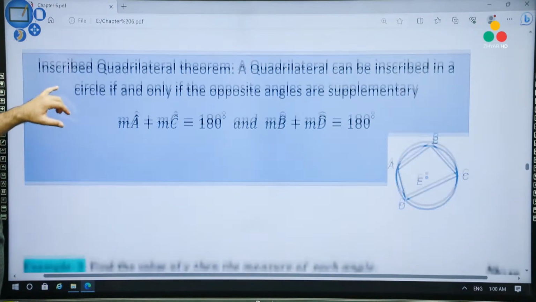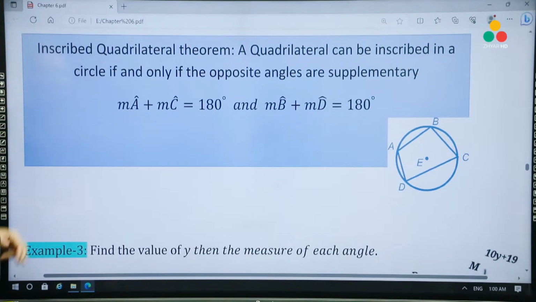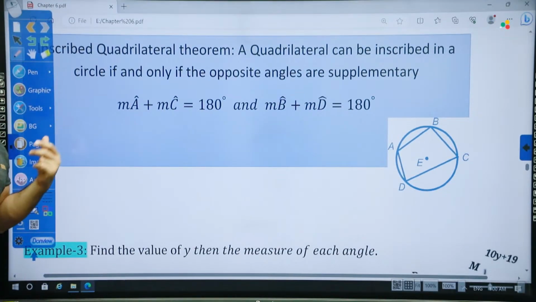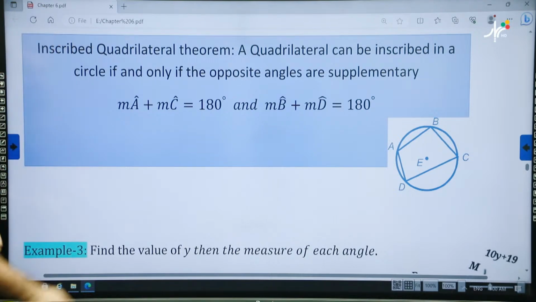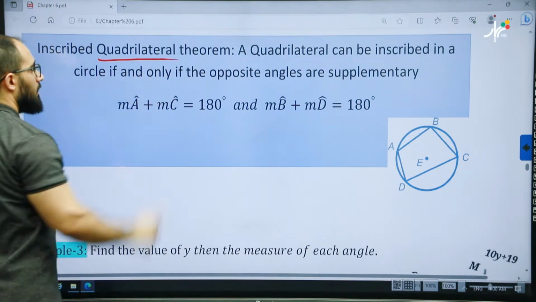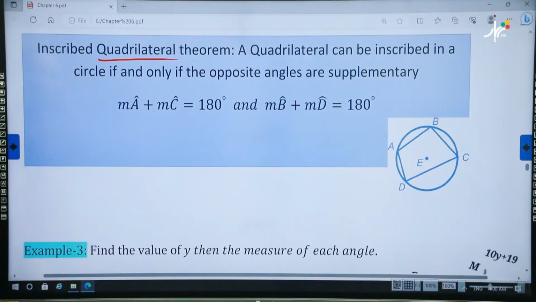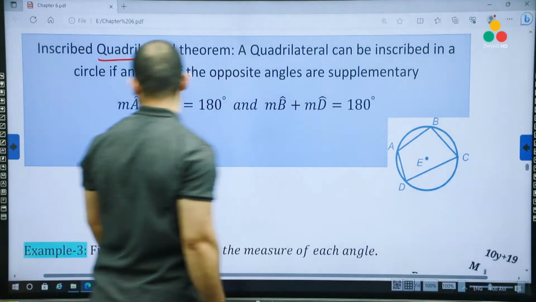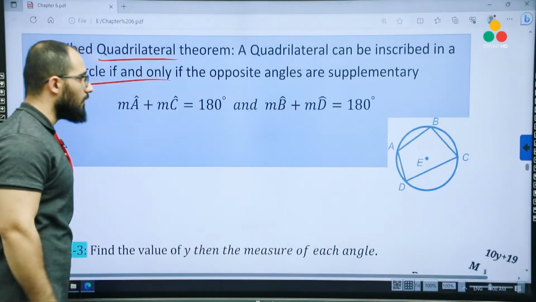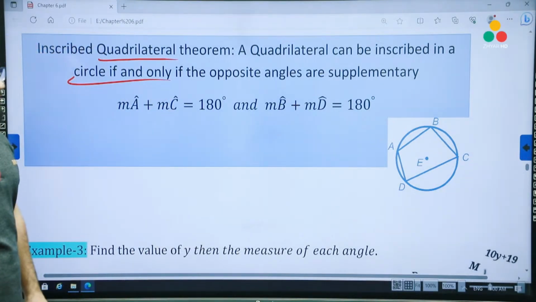So another part in that subject is inscribed quadrilaterals. The first one was inscribed triangles. Right now we have quadrilaterals, which have 4 sides. A quadrilateral can be inscribed in a circle if and only if the opposite angles are supplementary.